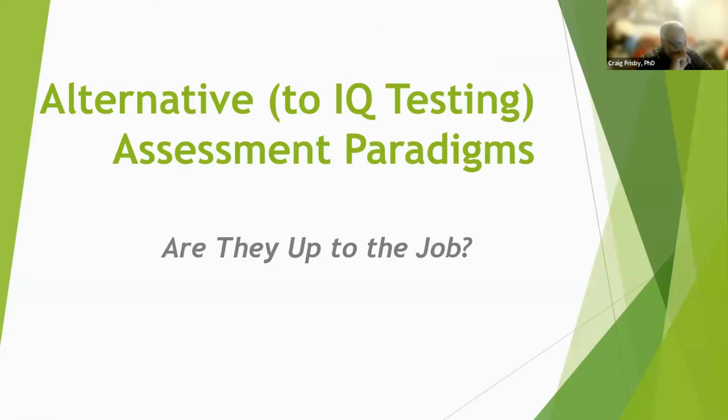Okay, so I'm probably going to have to go through this section pretty quickly. This is the section that begins our discussion of alternative assessment paradigms that we have seen all through the decades that basically criticize IQ tests and try to promote and get people to buy into an alternative paradigm.